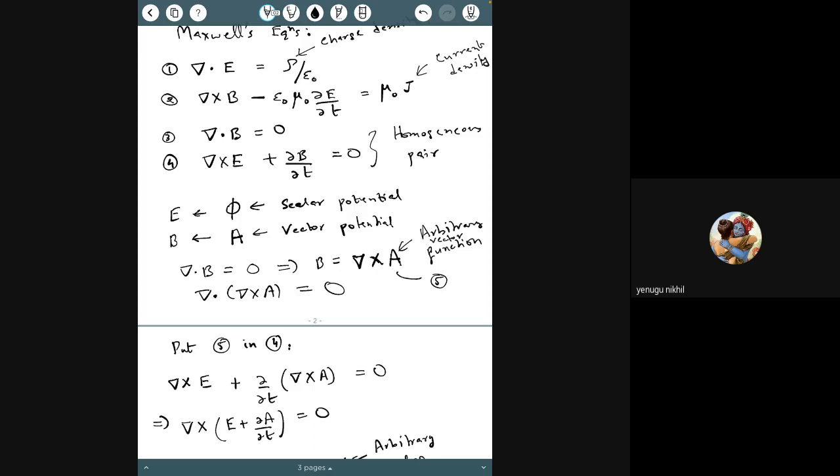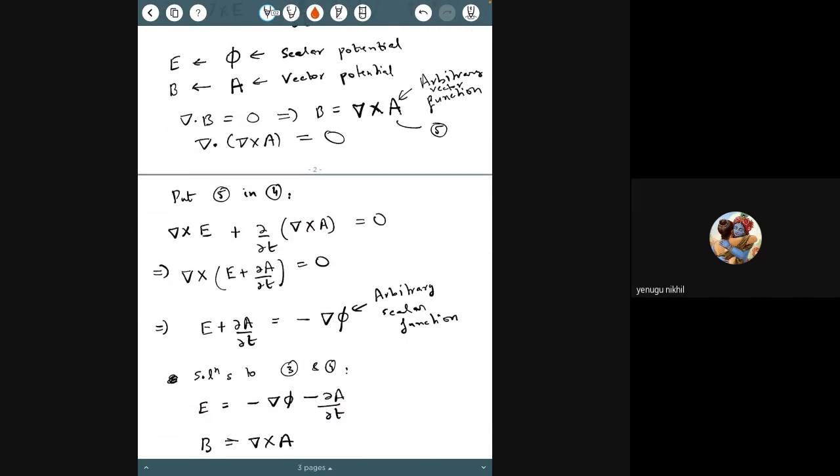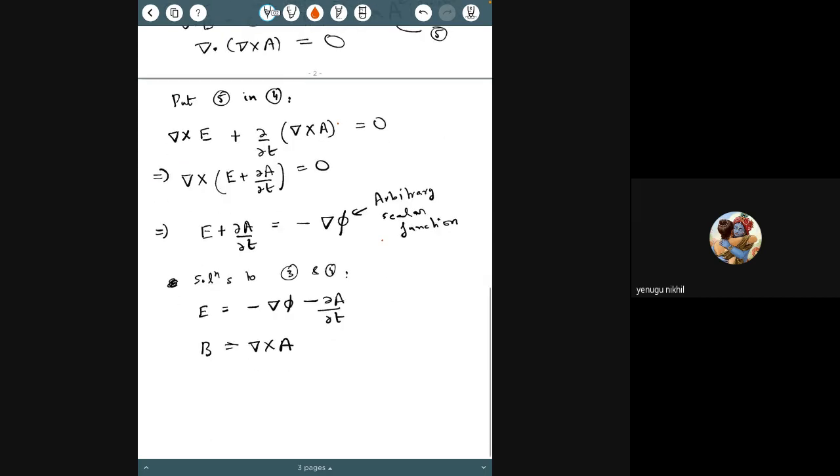So for us, actually, 3 and 4 are good enough, which tells me how the electric and magnetic fields are related and what form they should have. So that's all. So for us, looking at the Maxwell's equations, we have only two important things: this and this, and that too.